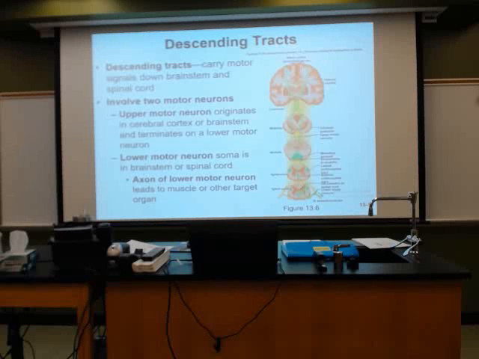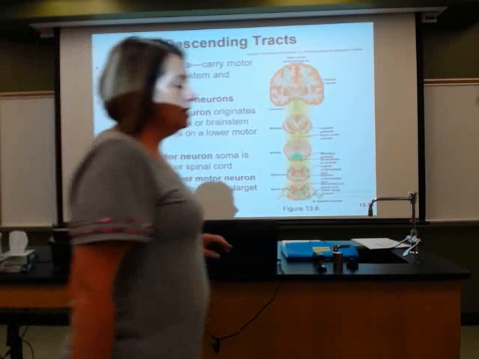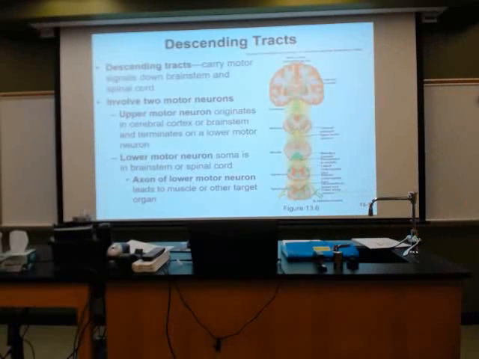Now remember, what type of information is this? If we had information travel in ascending tracks, is it sensory or motor information? Sensory, okay? So that tells us if we have a descending tract, what type of information is going to be traveling?